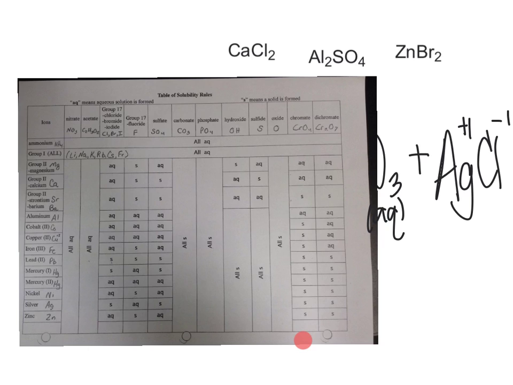So silver is here on the chart. So we're going to draw that line across. Chlorine, nitrate, acetate. Here's chlorine. So where those match up, we see our S for solid. This reaction is going to run because we've got our precipitate formed.